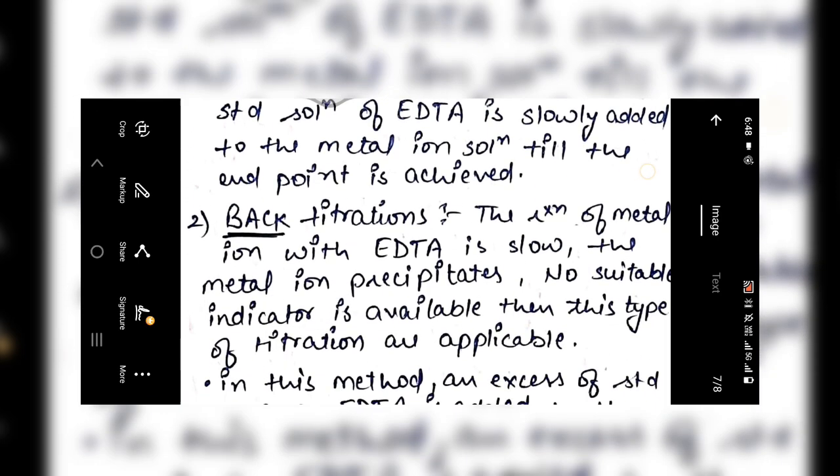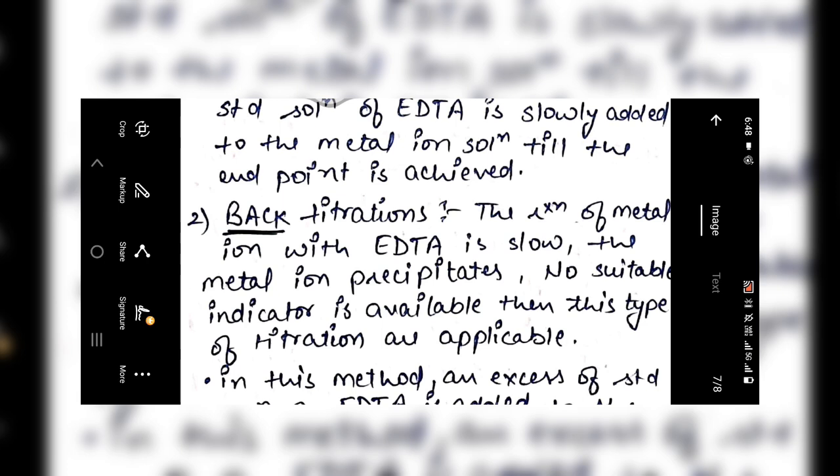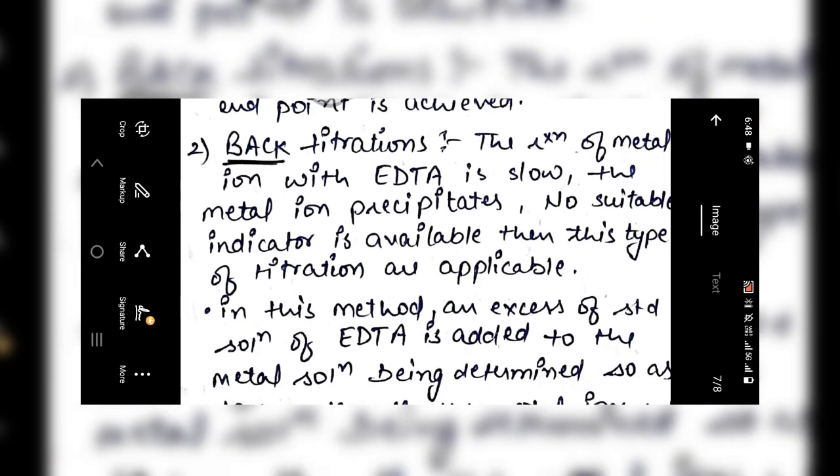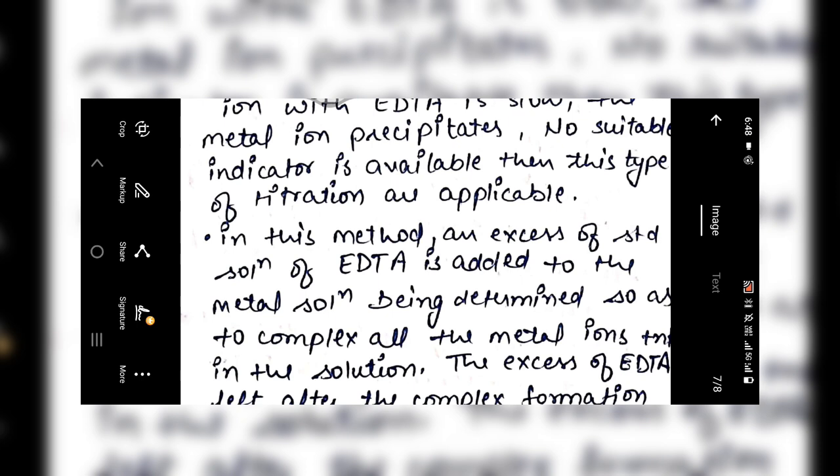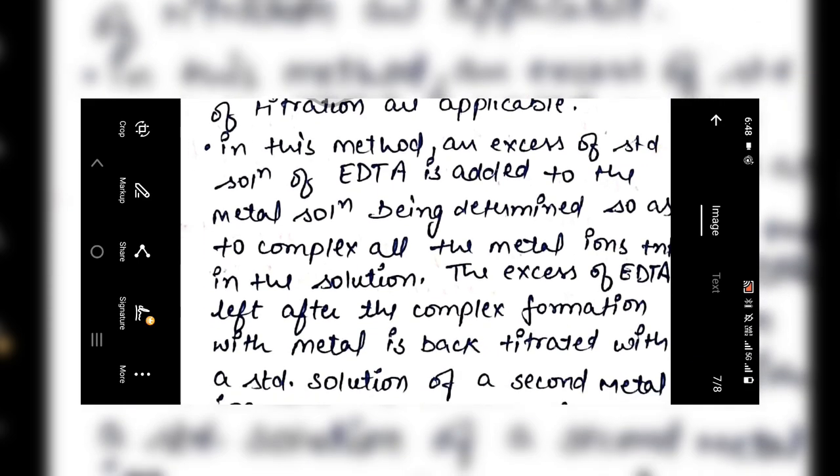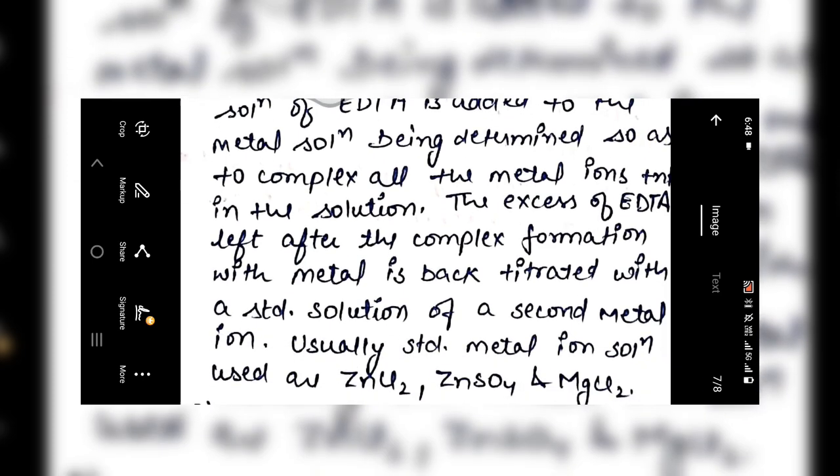Second one is the back titration. The reaction of the metal ion with EDTA is slow, or the metal ion precipitates, or no suitable indicator is available; then this type of titration is applicable. In this method, an excess of standard solution of EDTA is added to the metal solution being determined so as to complex all the metal ions present in the solution.